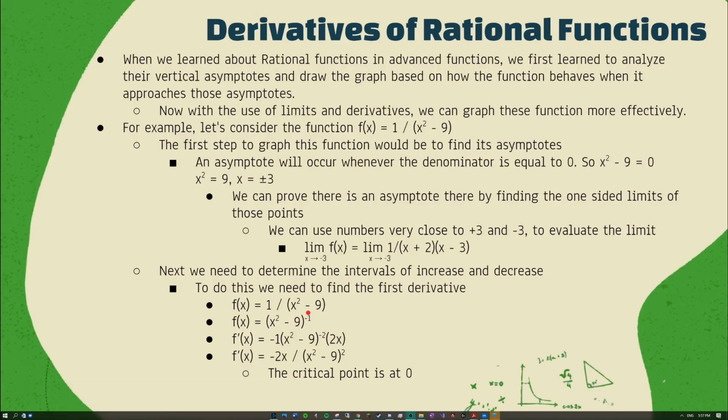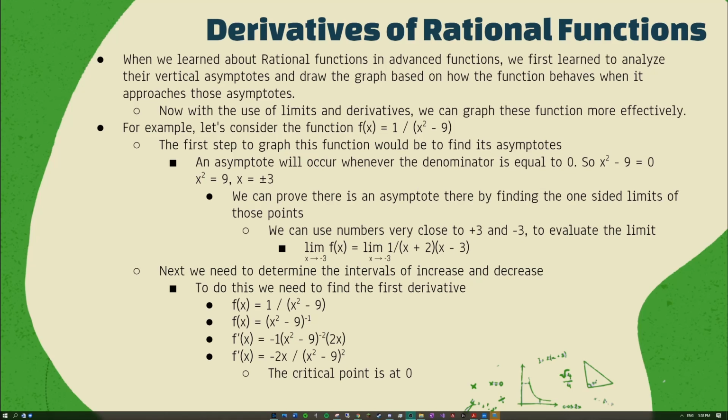However, if we were approaching it from the right-hand side, we would see that it's getting more and more negative. Since we know that a limit can only exist when the right-hand limit equals the left-hand limit, that doesn't occur here, so there's no limit, therefore there is a vertical asymptote. You could do this exact same test for when x is approaching positive 3 and you will get the same results.